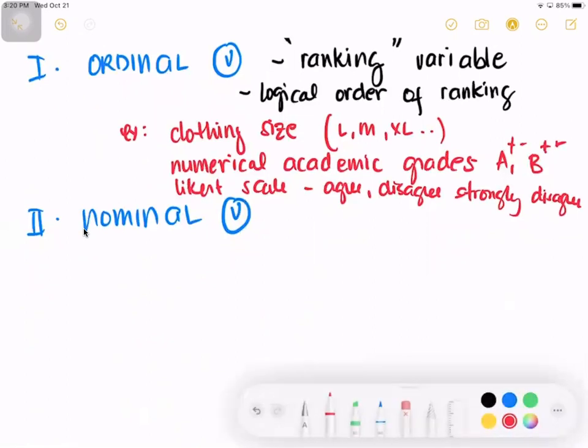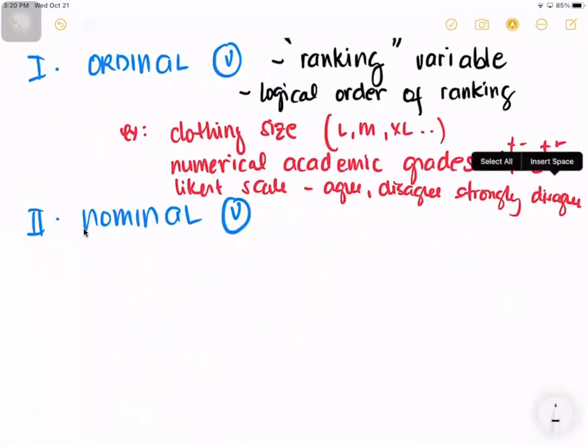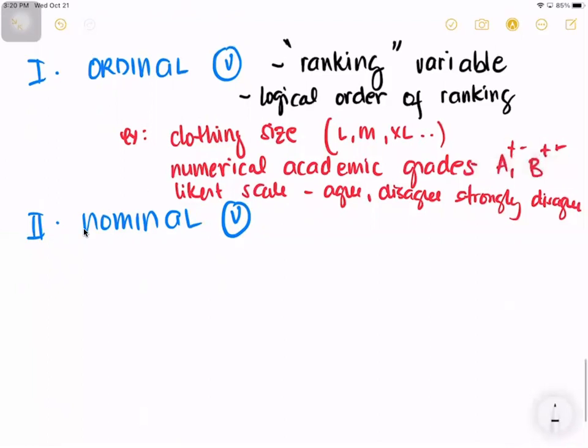Now, the numerical variable, on the other hand, okay, in here we really cannot organize the variables whose values cannot be organized in a logical sequence, but rather you can organize them according to a shared characteristic.